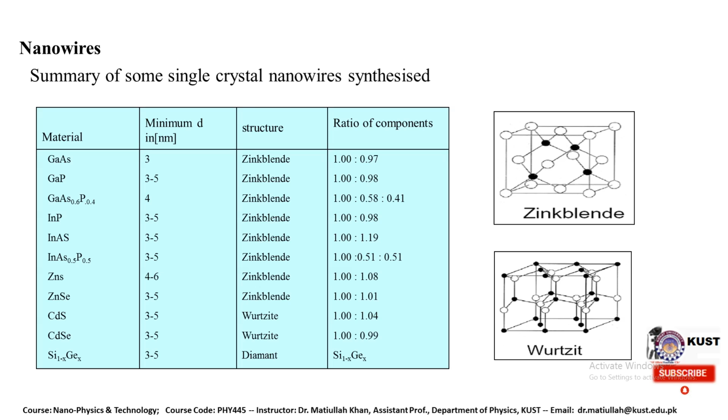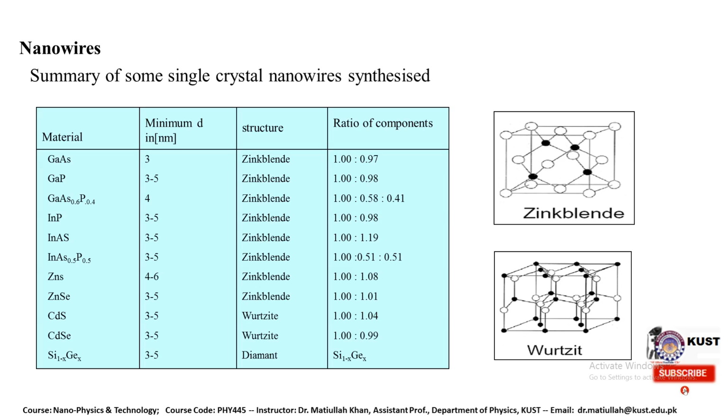1.00. Similarly, we have another compound semiconductor, that is GaP, and we can achieve nanowires with a minimum diameter of about 3 to 5 nanometer. It also has the zinc blende structure.